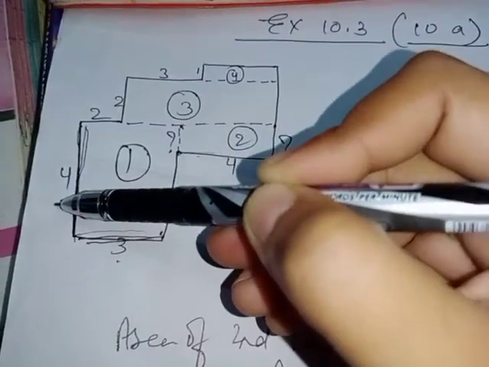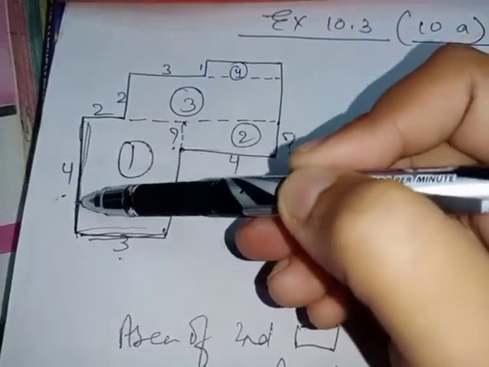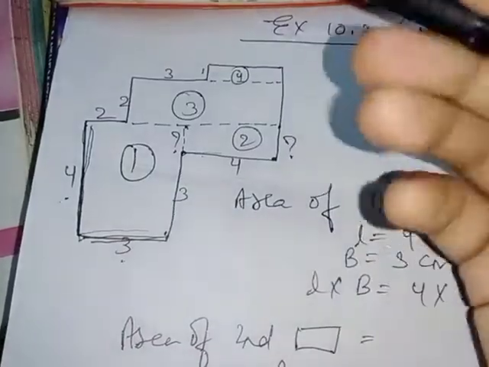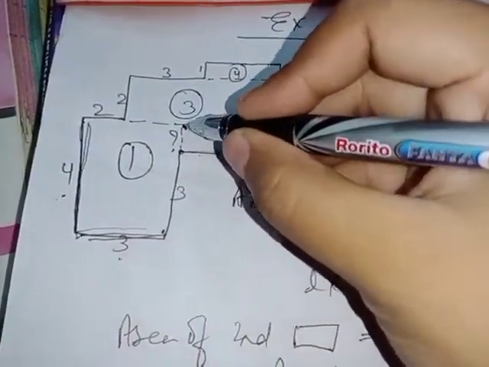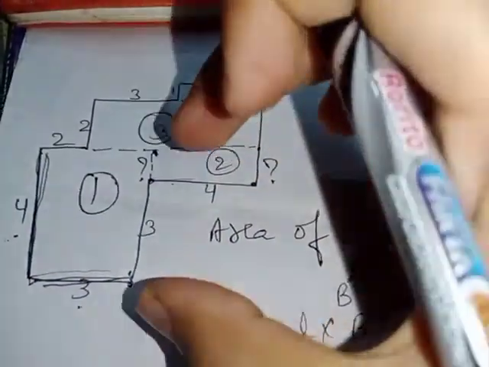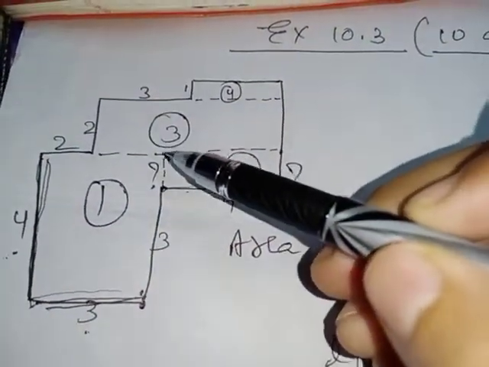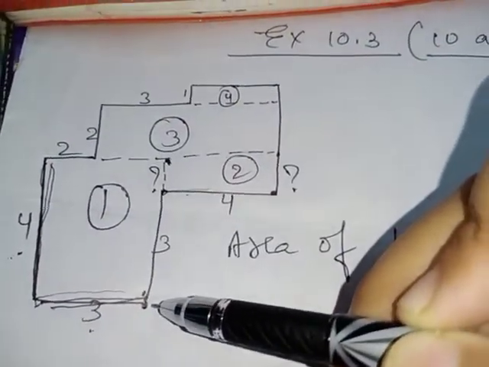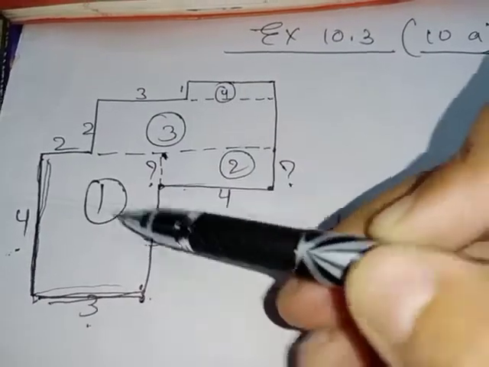So if this straight line measures 4 from here till the last, then starting from here till this last will also definitely be 4, because they are equal lines.